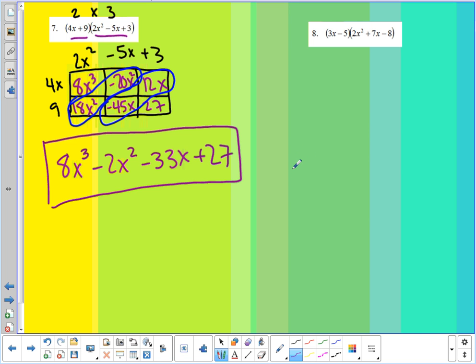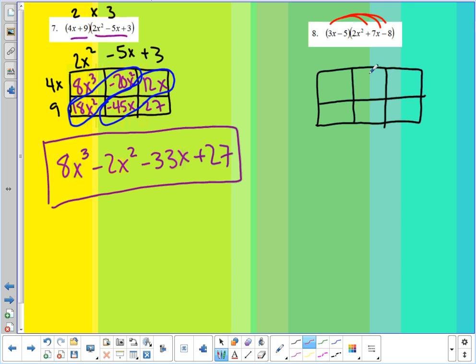Okay, so let's talk about number 8. In number 8, I have 3x minus 5 times 2x squared plus 7x minus 8. So again, I'm going to start by setting up my big box. Now, like I said before, you could go through and do all of the distribution, but there's a lot of distribution that would have to happen here. I would have to go 3x to this one, then that one, and then negative 5 to this one, and that one.